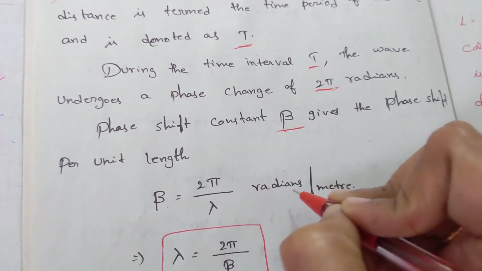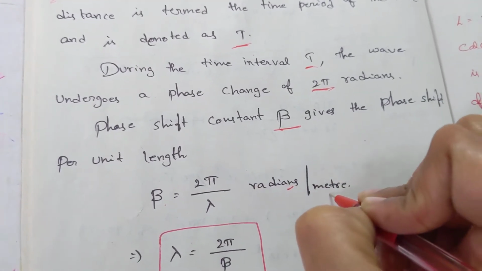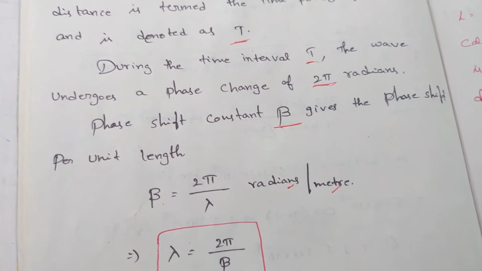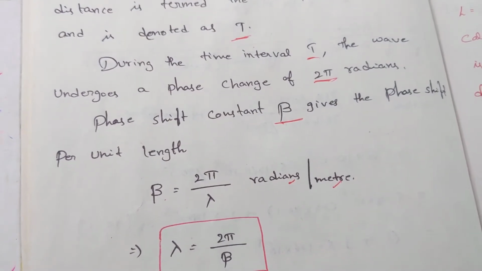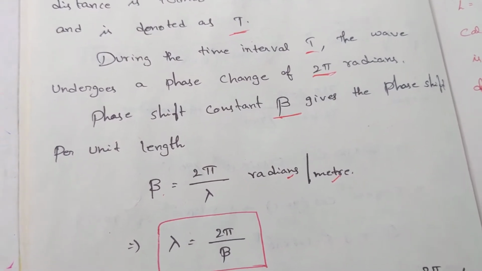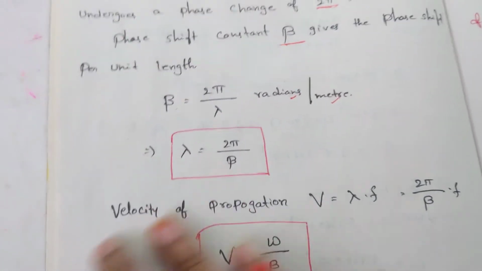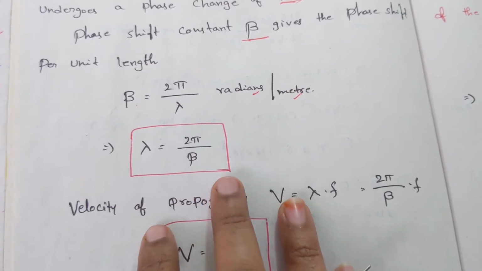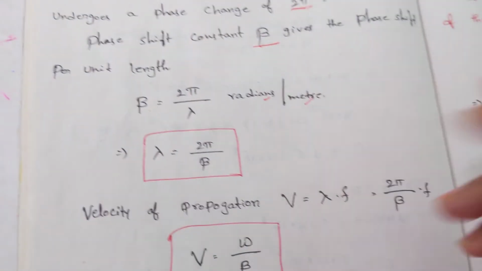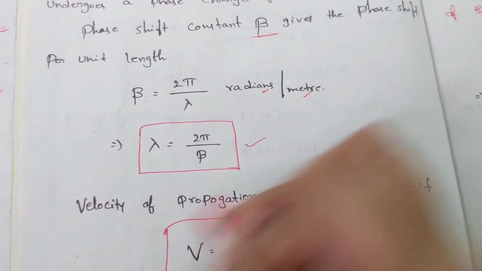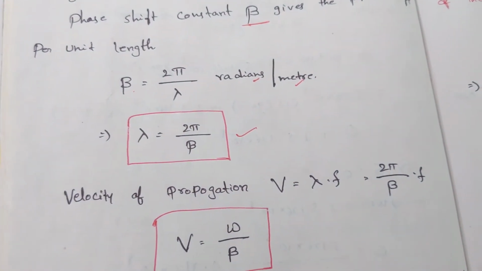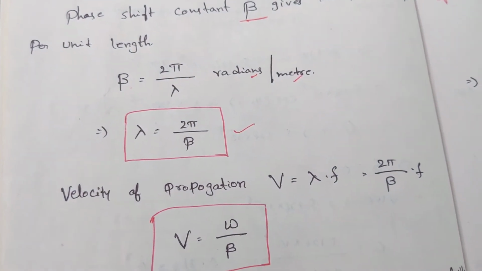Here 2 pi is in radians and wavelength is in meters, so beta is represented in radians per meter. From this, the wavelength can be given as 2 pi by beta, which is the wavelength in terms of the phase constant.